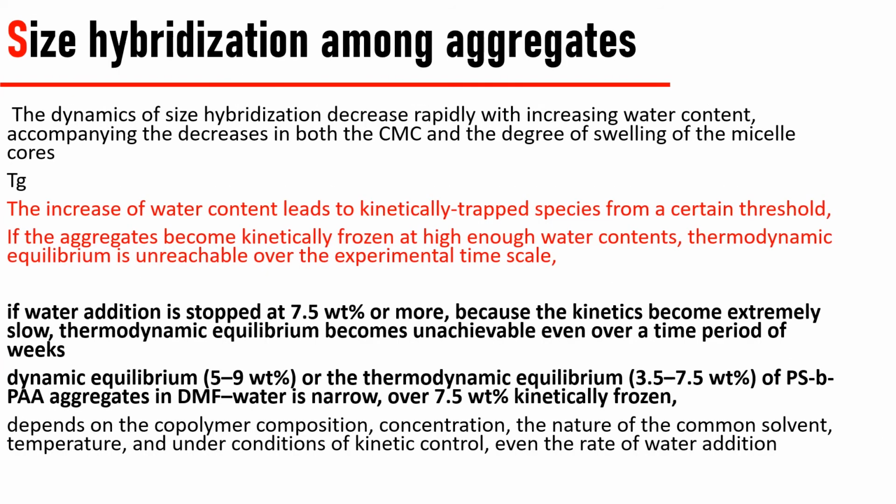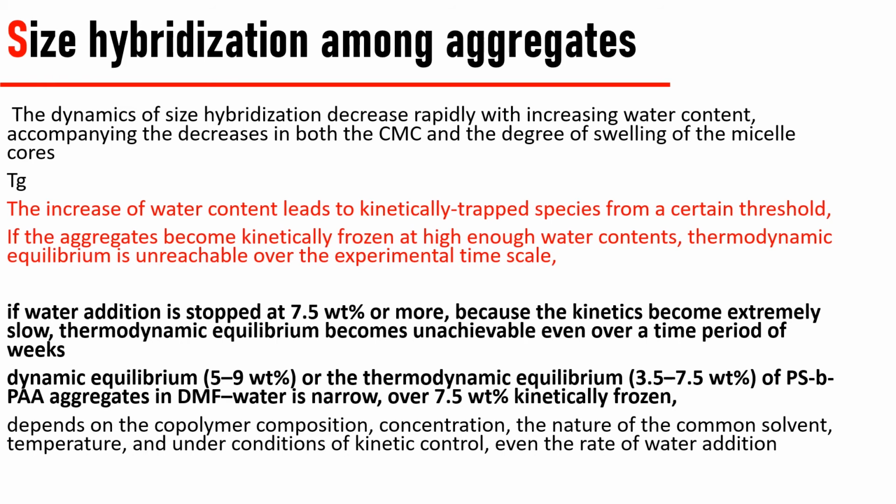For size hybridization, you need to keep in mind that if water addition is stopped at 7.5% content or more, because the kinetics becomes extremely slow, thermodynamic equilibrium becomes unachievable, even over a period of weeks.